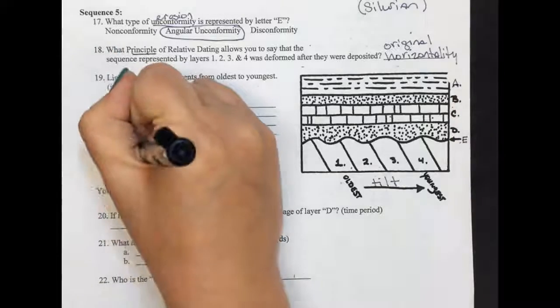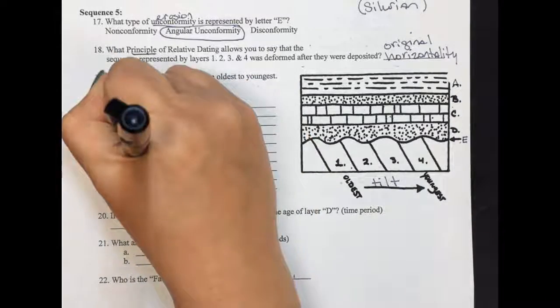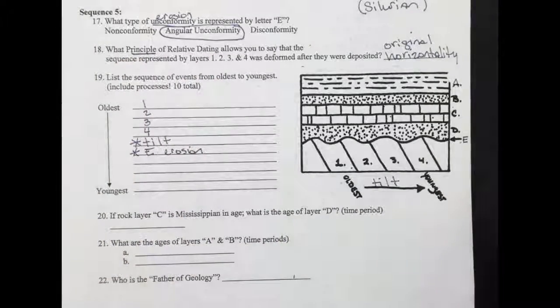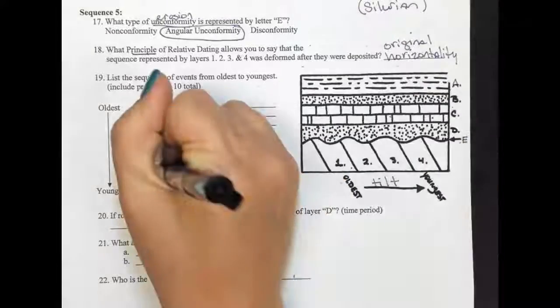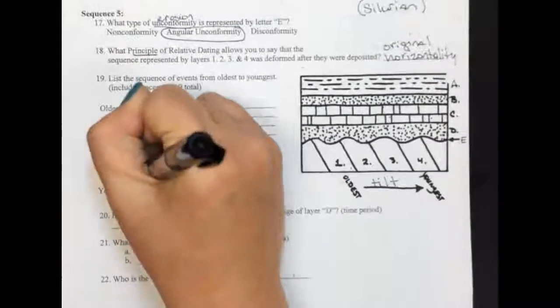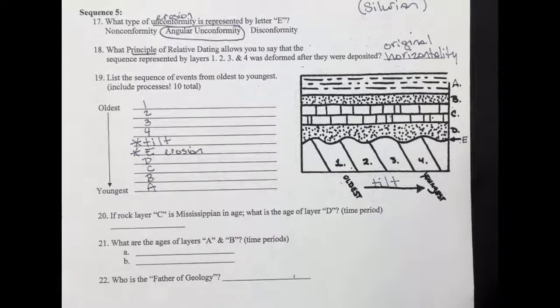And then E, which is the erosion, the unconformity here, that's another process. And then we just go from the bottom to the top. So D, C, B, and A. Pretty simple when you break it down like that.